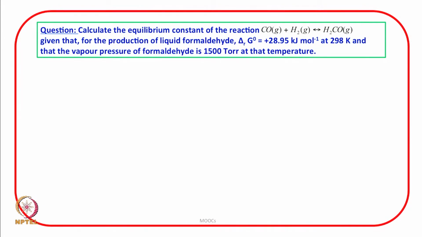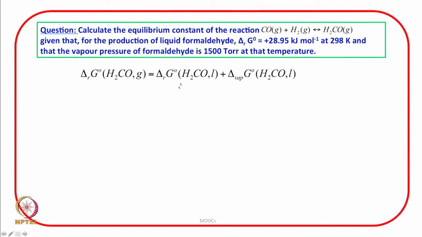So, we will make use of this expression. Let us take a look at it. The standard Gibbs energy of formation of gaseous formaldehyde will be equal to the standard Gibbs energy of formation of liquid formaldehyde plus the standard Gibbs energy of vaporization, because the liquid has to be converted to vapor of the formaldehyde.